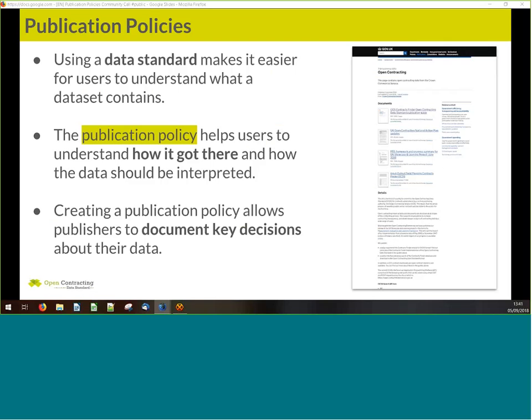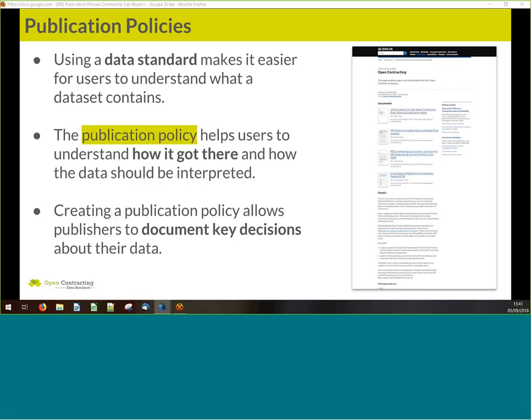But publication policy goes beyond just the publication of data to help users understand how the data got there and how it should be interpreted. So what's important to know about that OCDS data set in that particular context, so how it was produced and any other contextual information users need to be aware of.